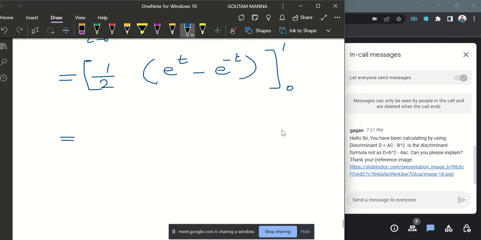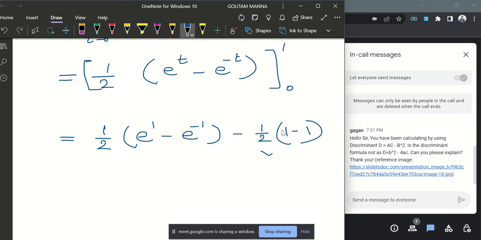So if you put the limit, it will be 1/2 (e^1 - e^(-1)) minus 1/2 (e^0, which is 1, minus e^(-0), which is again 1). So this is 0 and the first part is basically sinh of 1.